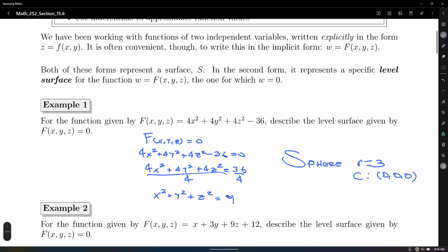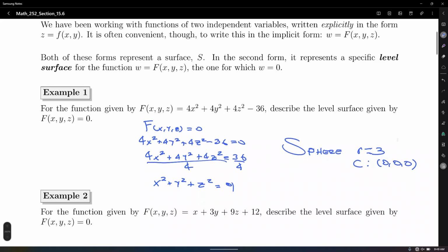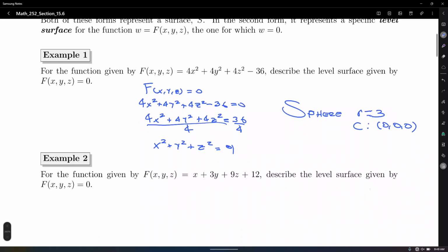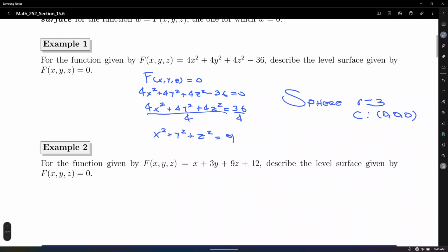Let's have a look at another example. For the function of three independent variables x, y, and z given by f equals x plus 3y plus 9z equals 12, I think by looking at the powers of the variables, you already know what this is going to be. That is x plus 3y plus 9z plus 12 equals 0.